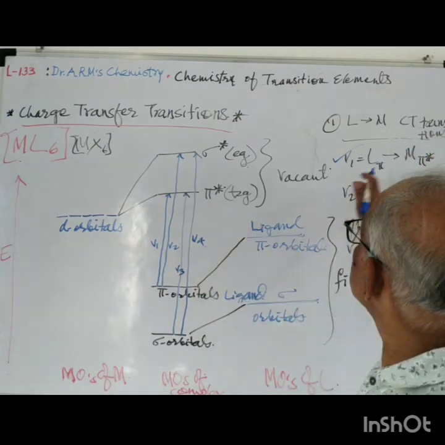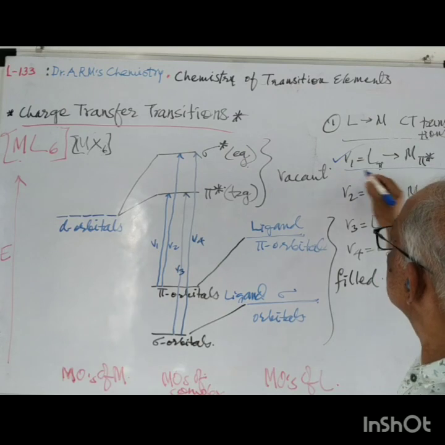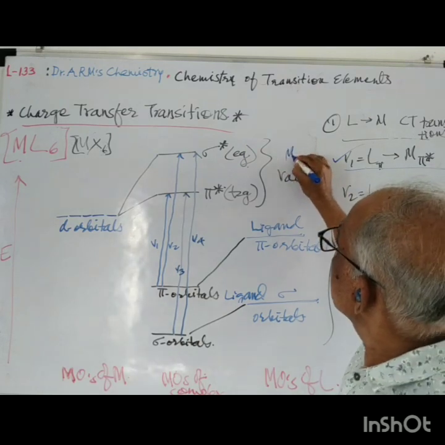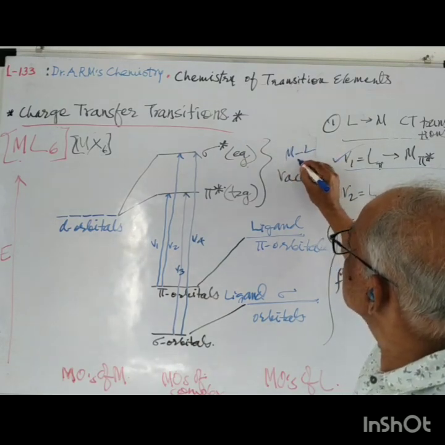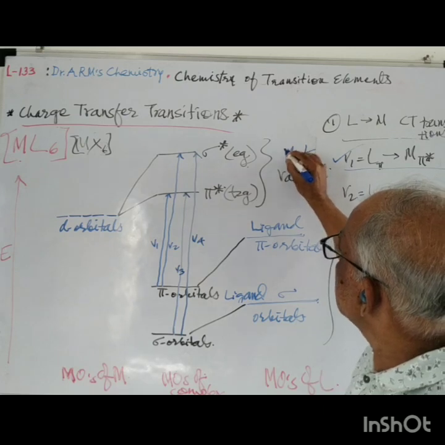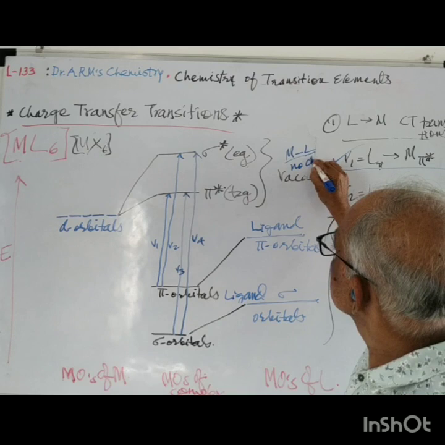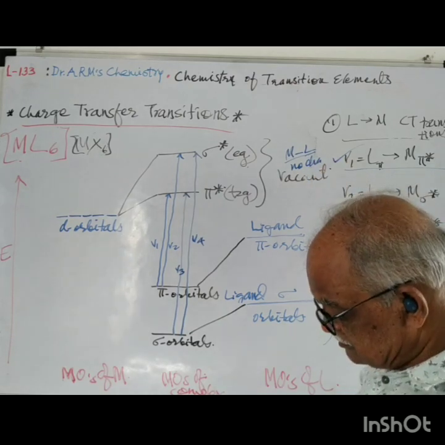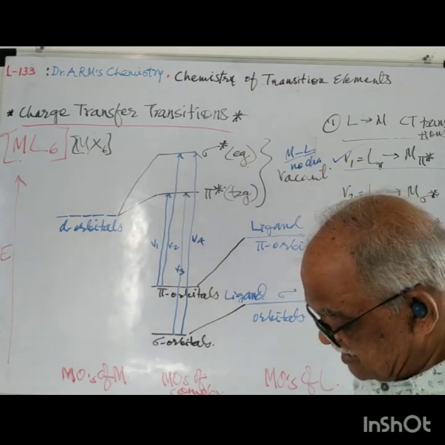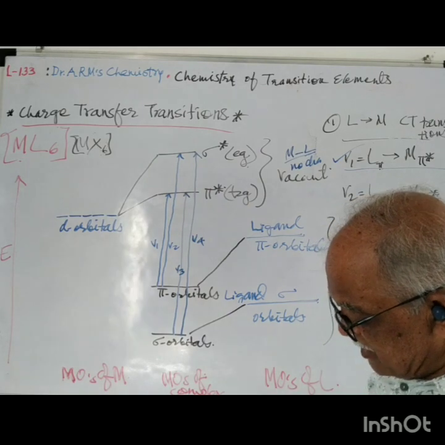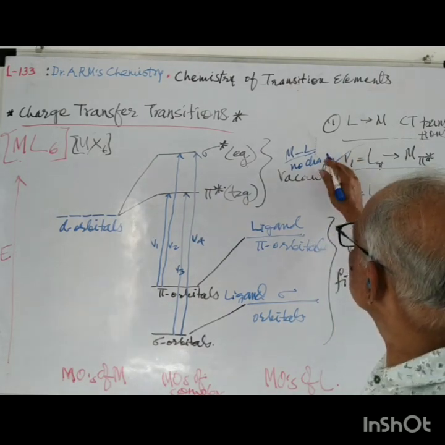So this V1 type of transition does not show any change between metal and ligand. So there is no change. The distance will not vary.